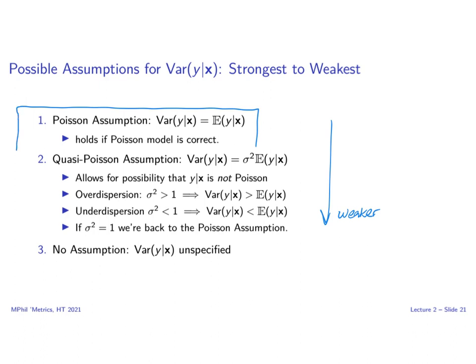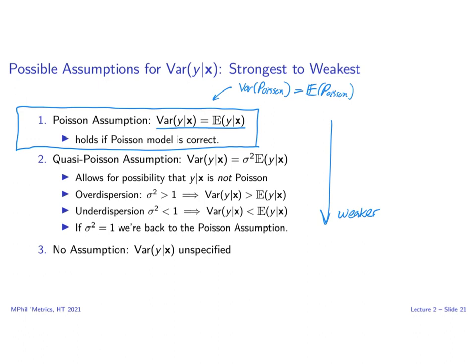This is the assumption that the variance of y given x is equal to the expectation of y given x, which holds if the Poisson model is correct, which we can see from looking at the calculations for a Poisson distribution from our first lecture, where we talked about the fact that the mean and variance of a Poisson distribution coincide. So that's the strongest possible assumption, and it would hold if the Poisson model is correct.